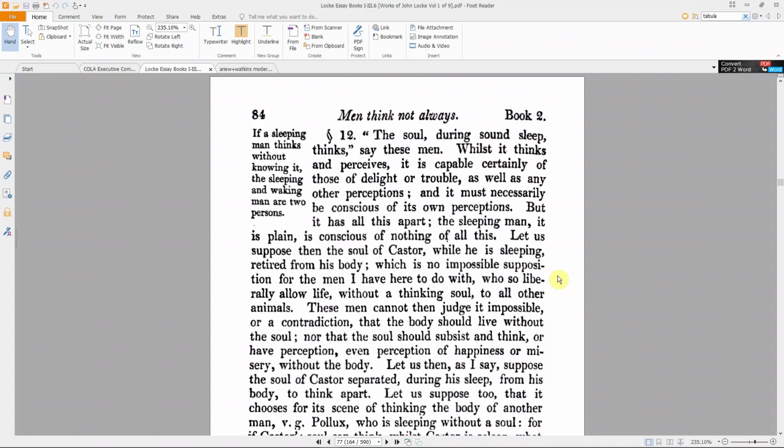This again is the kind of thought experiment that Locke is an expert at, and he uses it in order to make his points, in this case about the nature of the soul, arguing against the metaphysical view of Descartes that the soul we know to be, in essence, a thinking thing. Locke says, no, the soul is something I have, and it thinks. I'm not going to be able to say it has this or that essence, or that it wouldn't be something if it's not thinking. And that's the context in which he raises these points here.